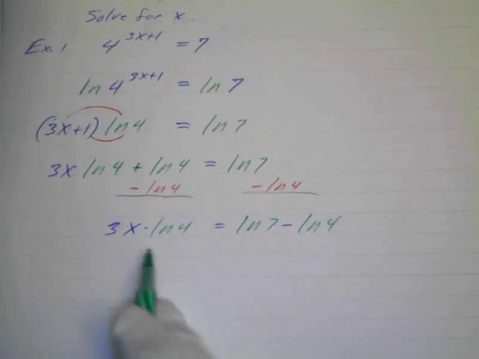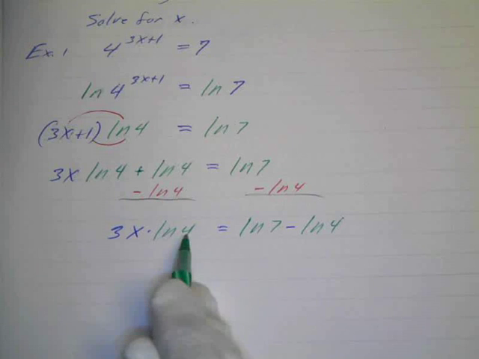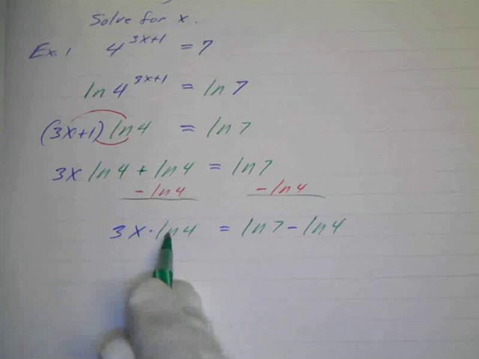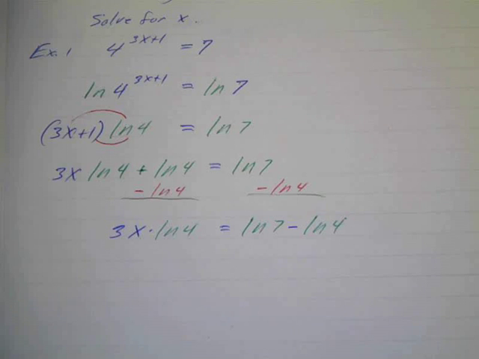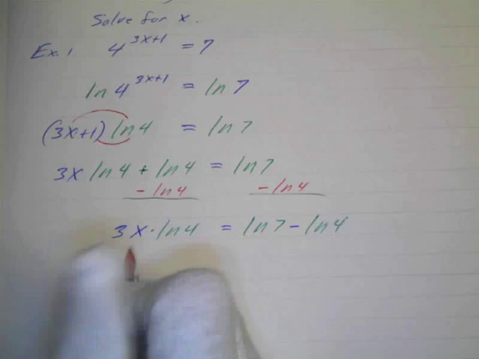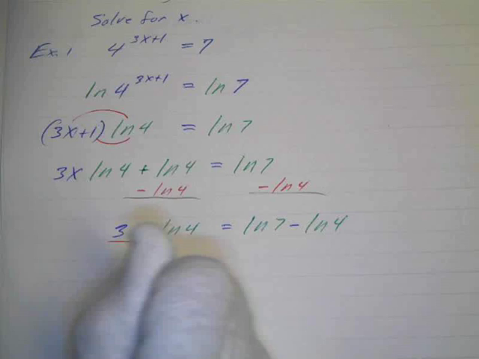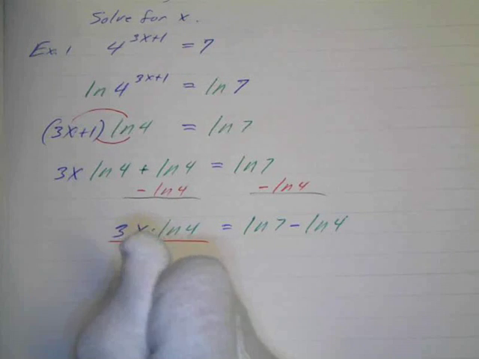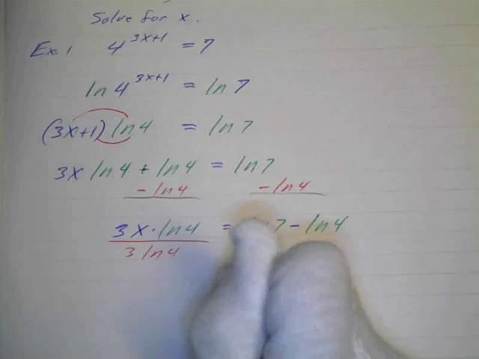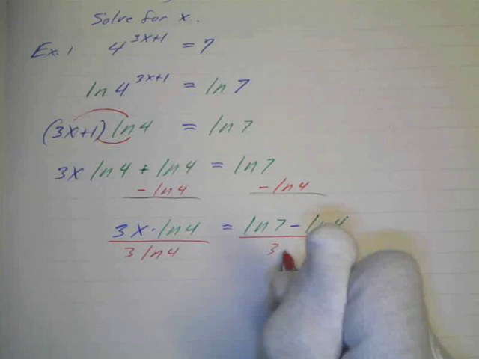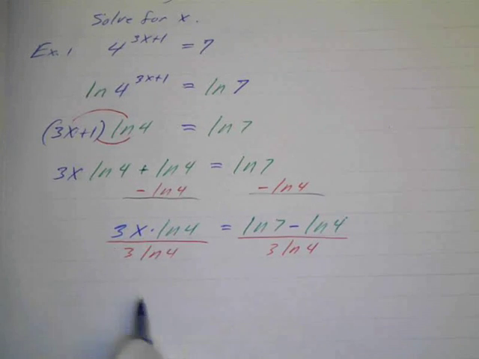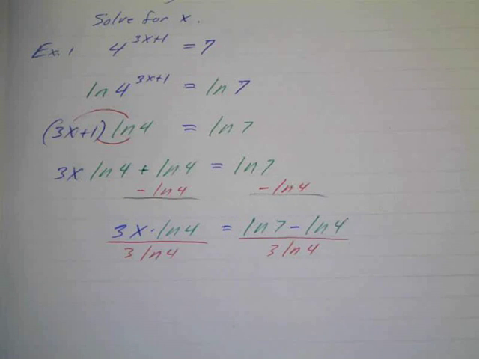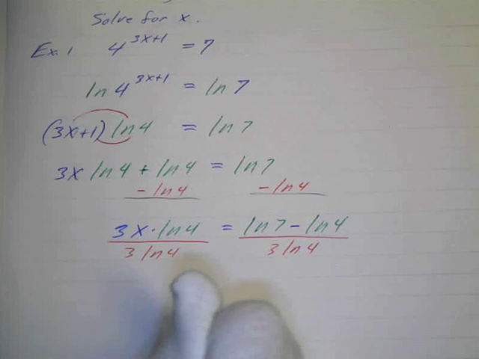I'm almost done. I want to isolate the x, and I've got 3 times x, and the natural log of 4 times x. So these are both joined to the x by multiplication. The opposite of multiplication is division, so I'll divide both sides by the 3 and the natural log of 4. And 3 over 3 is 1, the natural log of 4 over the natural log of 4 is 1, so what's left is just x.